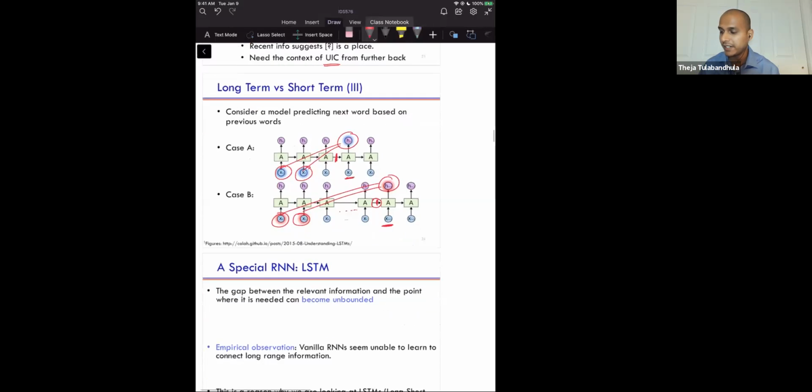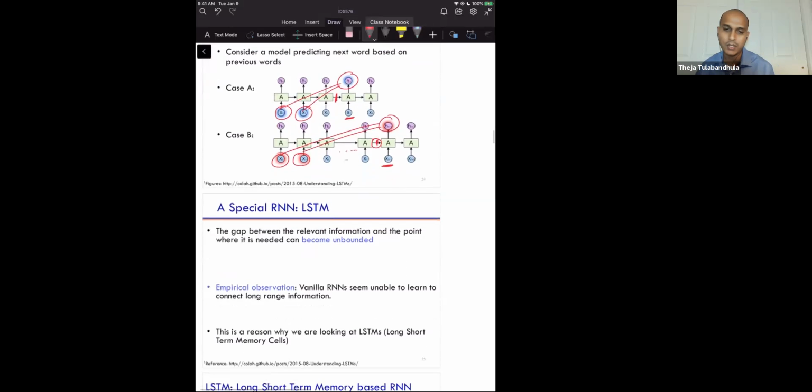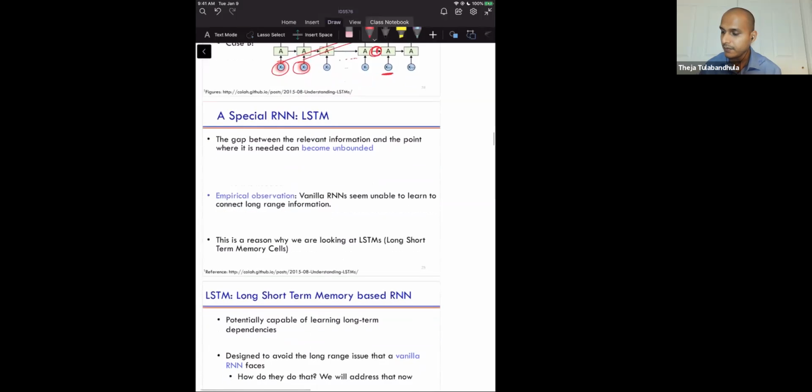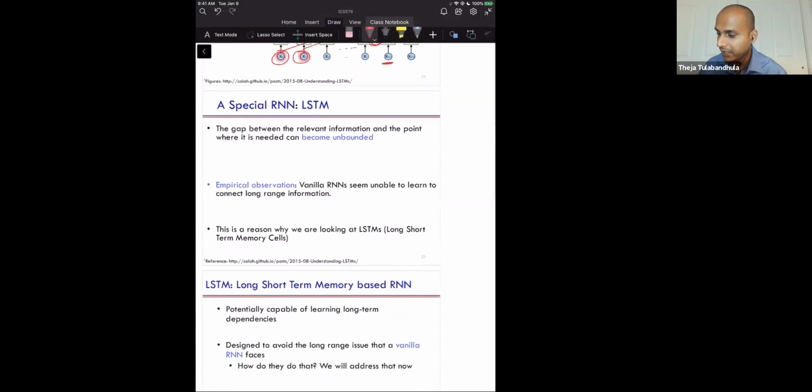So people have experimented with how we can better transfer information about what has been previously seen, whether words in an NLP task, scenes in an image related task, or even numbers. The point is that vanilla RNNs are not able to remember or learn how to use long range information, as in information that we saw a long time ago.